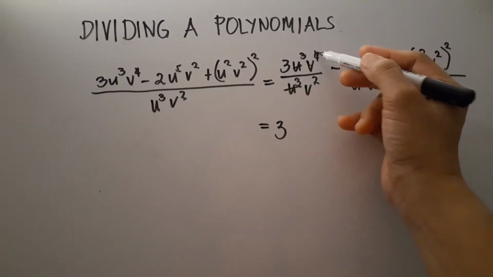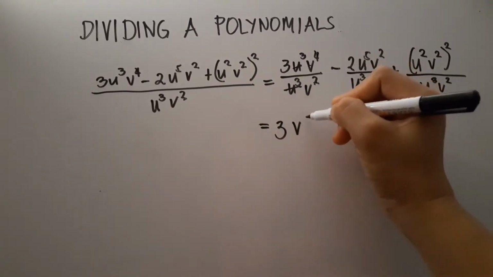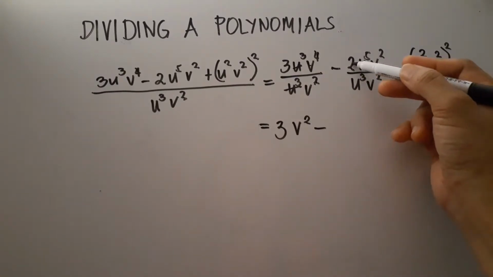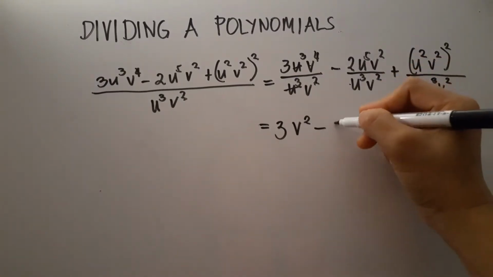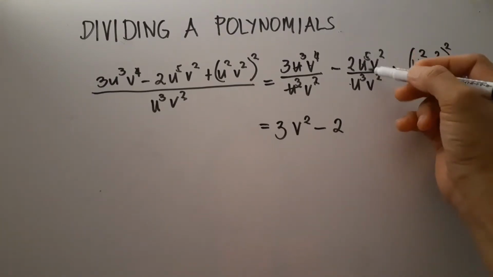Cancel out u cubed over u cubed becomes 1, b to the fourth divided by b squared. Remember the rule of exponents, we subtract, 4 minus 2 becomes b squared. Then negative 2 divided by 1 becomes negative 2.